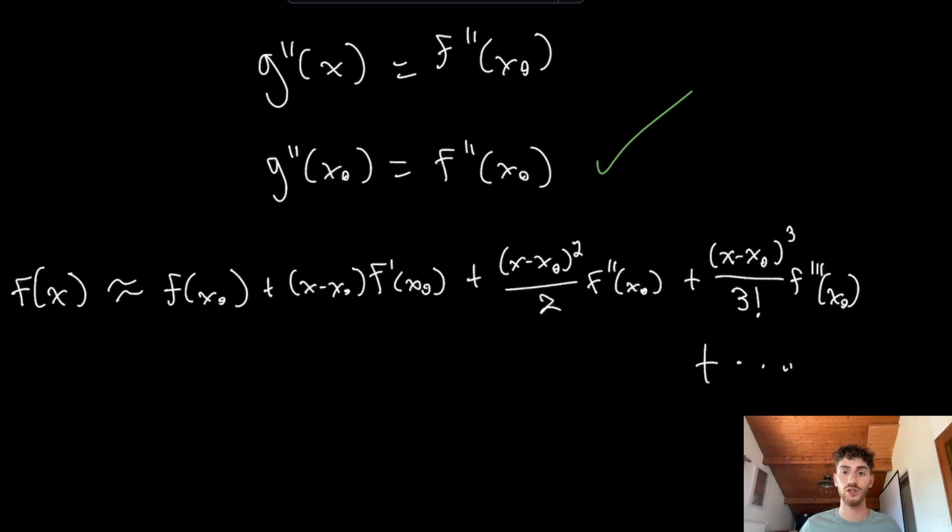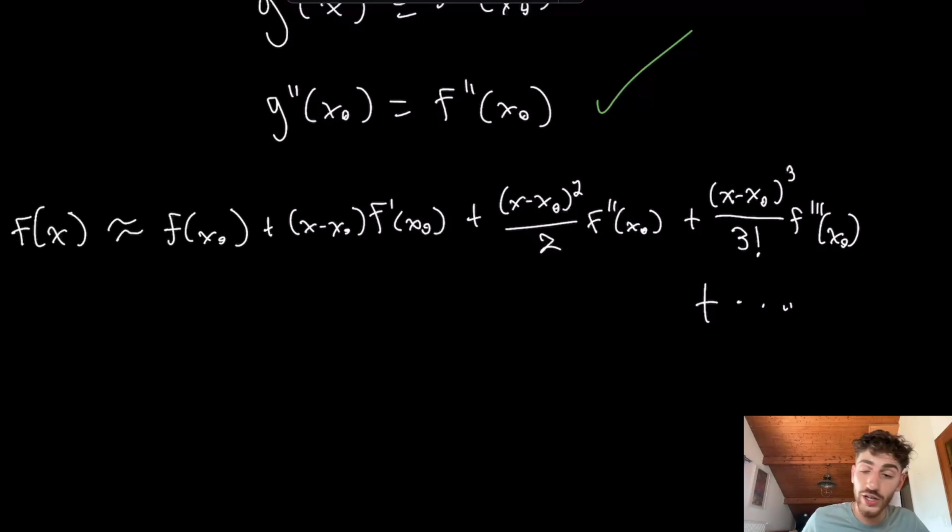We keep adding up those terms. If we do this to infinity, then that means every single way you can characterize the rate of change with the first derivative, second derivative, third, fourth, etc., is going to be the same as f at x at the reference point x naught.